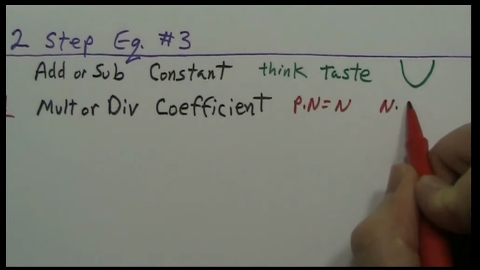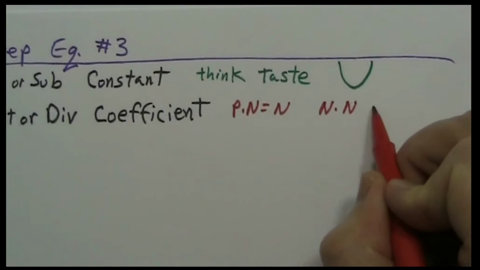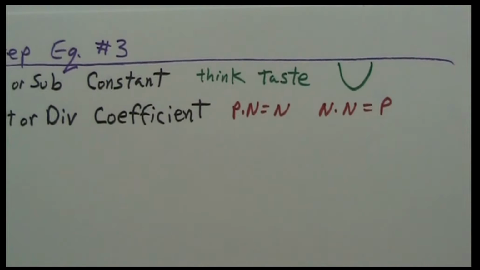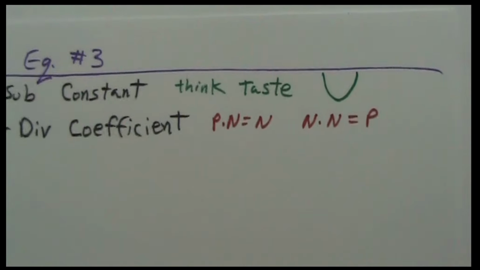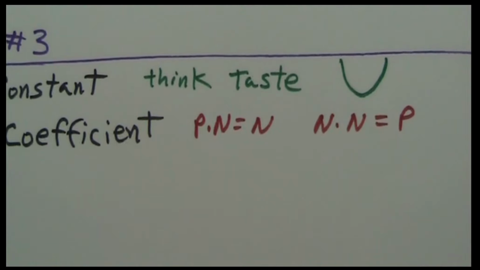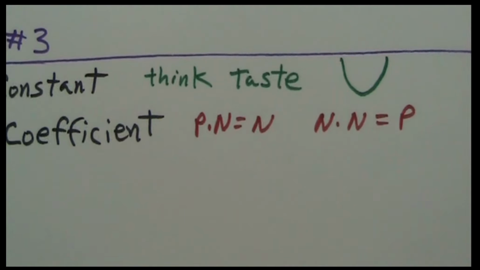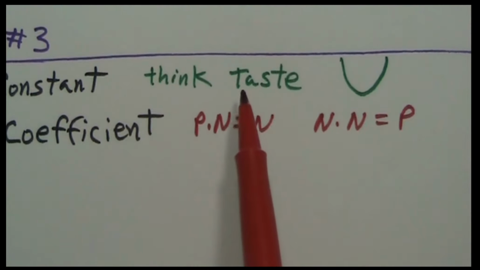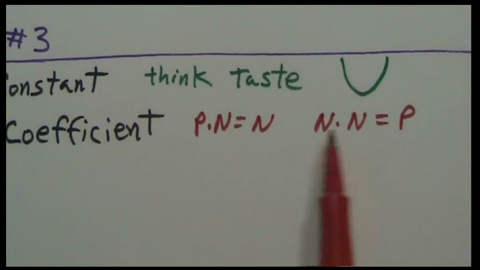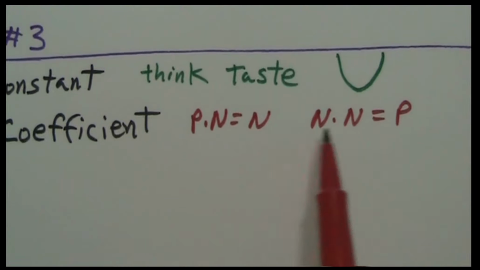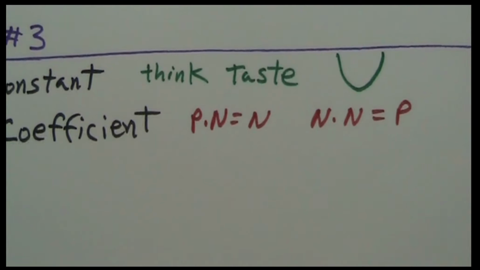And if there are 2 negatives, the answer is positive. Okay, so those are the rules for adding, subtracting, and then multiplying, dividing. So adding, subtracting, think of taste on your tongue. Multiply, divide, think of these rules right here. 1 negative is negative, 2 negatives, they cancel each other.